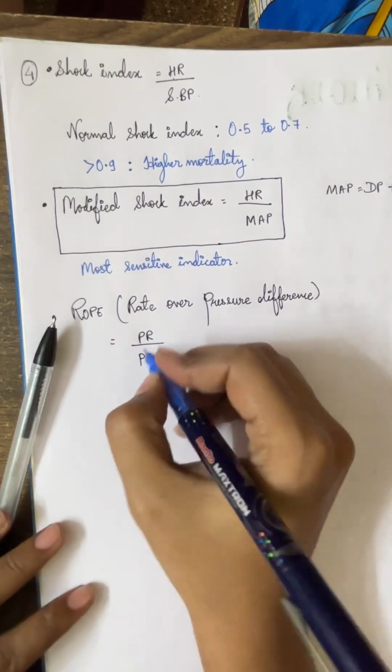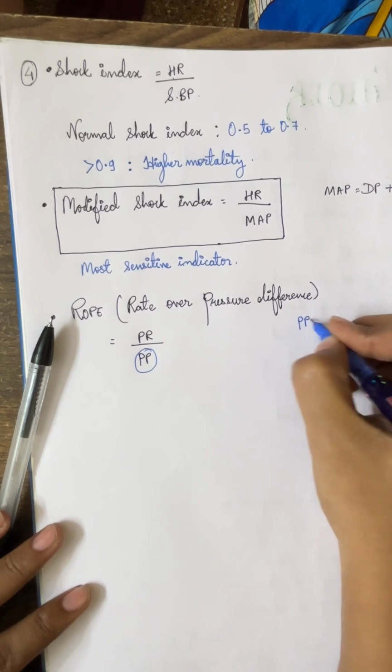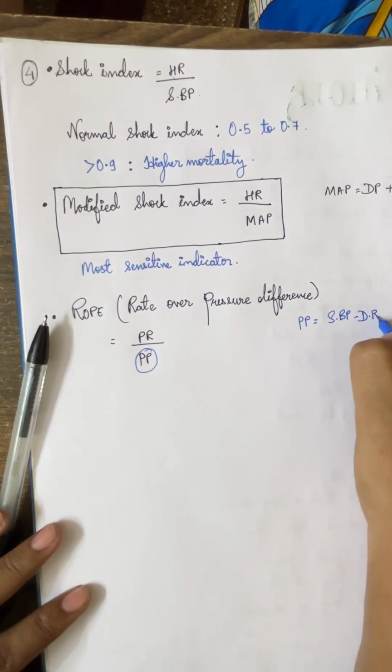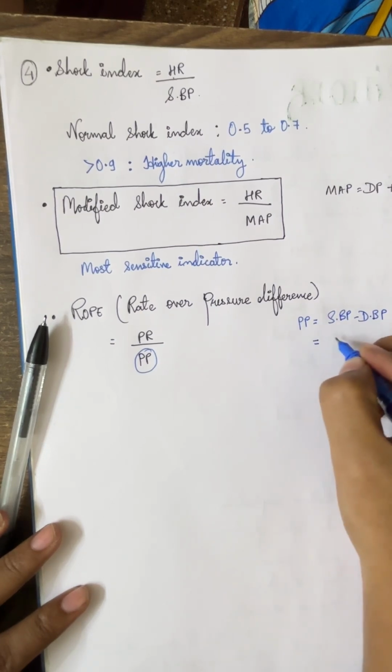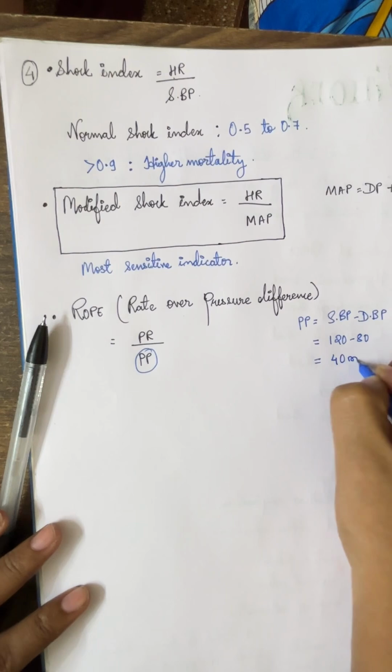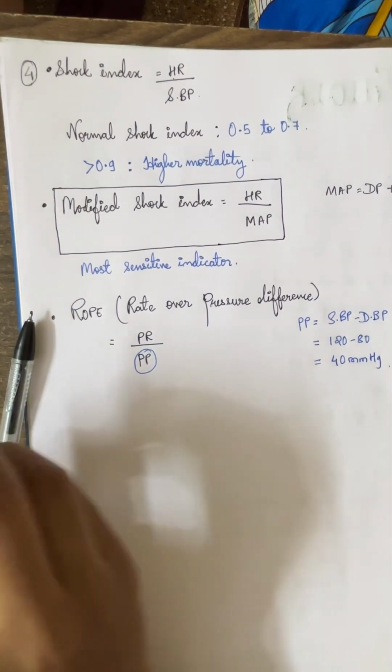So what is pulse pressure? Pulse pressure is systolic BP minus diastolic BP. Normal pulse pressure is 120 minus 80, 40 mmHg.